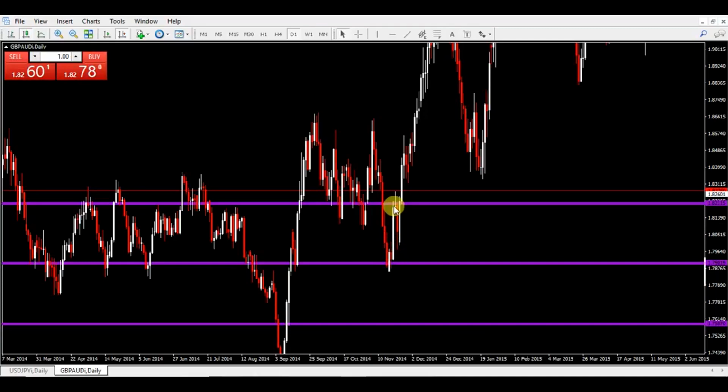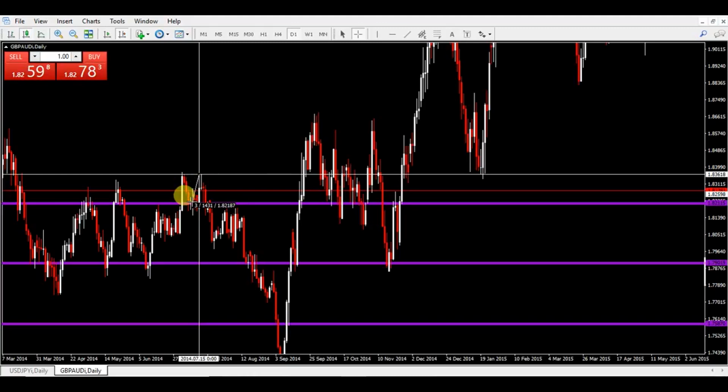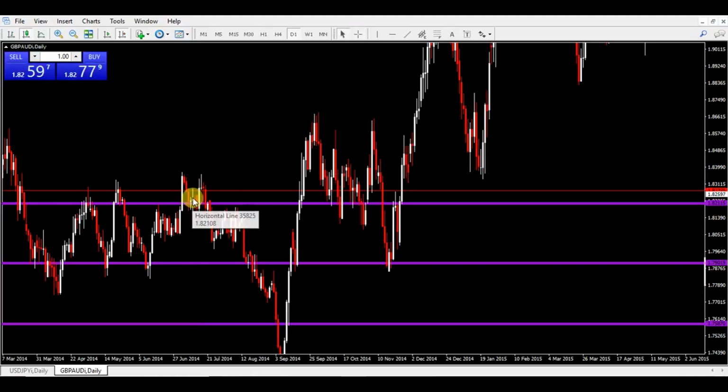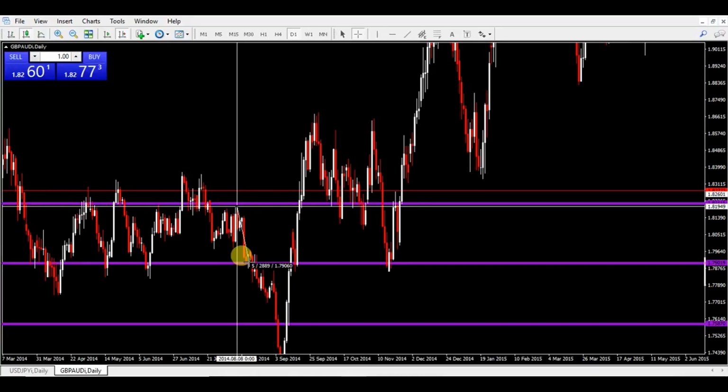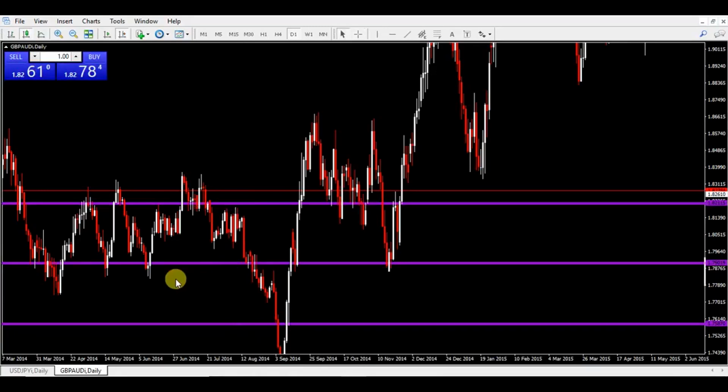Then fell, came up, reacted to that area, then fell, came up, blasted through that area, retested it, went up. It's a good 150 pips for that small move. Came down, retested that area, fell. It's a good just over 270 pips there.